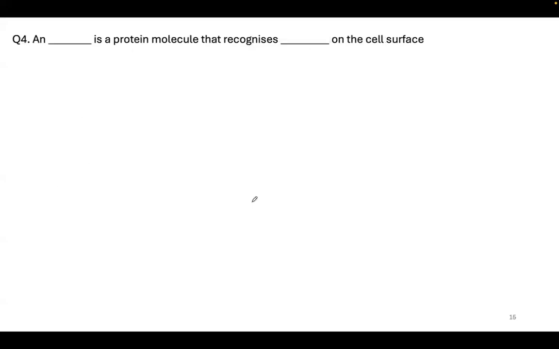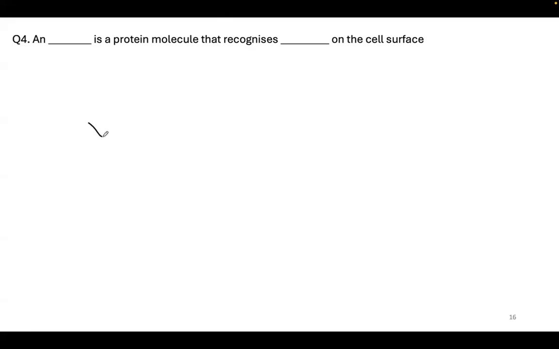Okay. Now I don't have any options for this. So what is a protein molecule that recognizes something on the cell surface? Your options are antibody and antigen. Which comes where? So what recognizes what? So would any of you like to attempt this?